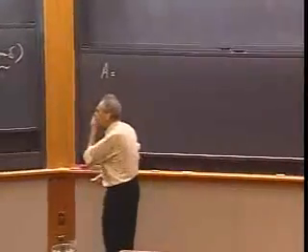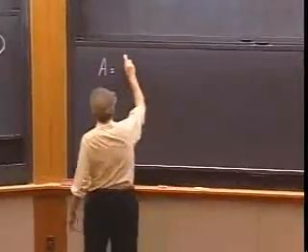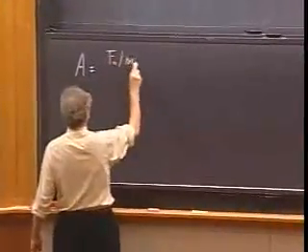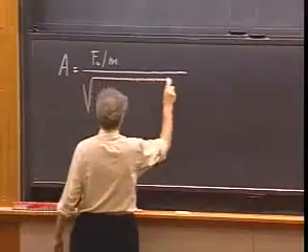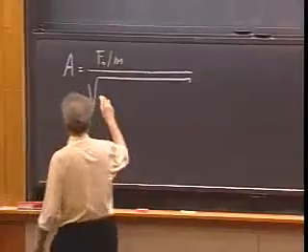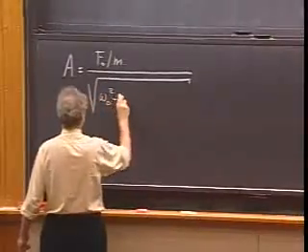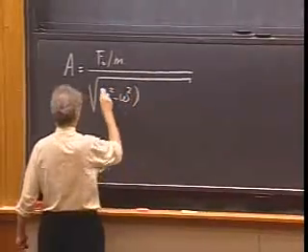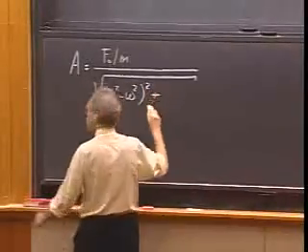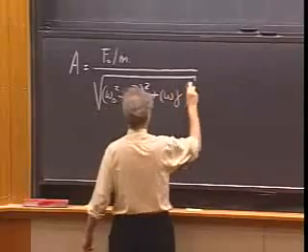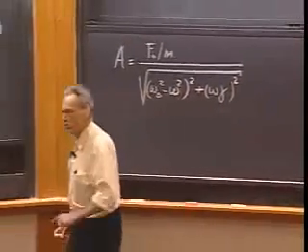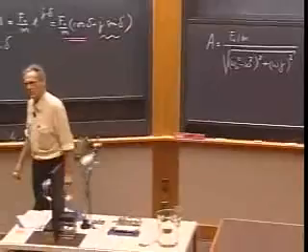So A is going to be f0 divided by m upstairs, and downstairs you're going to get omega 0 squared minus omega squared, squared, plus omega gamma squared. So this is the amplitude of the object.